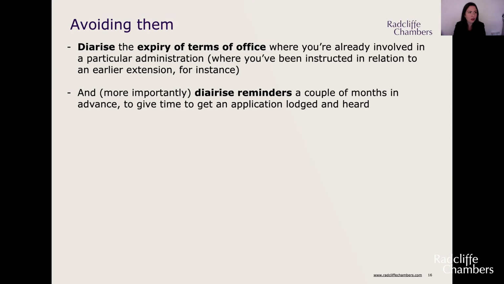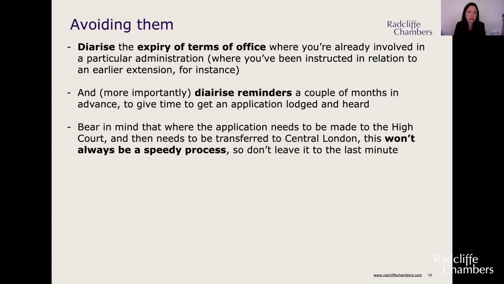You don't want to realise on the day that you've got to get an application together by 4 p.m. or by whenever the expiry is in the course of that day. So I would recommend diarising it well enough in advance to get the evidence all together and get the application brought together properly.